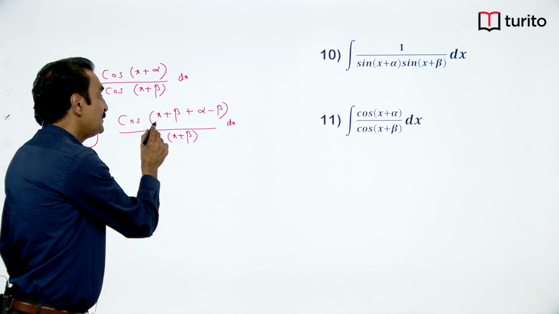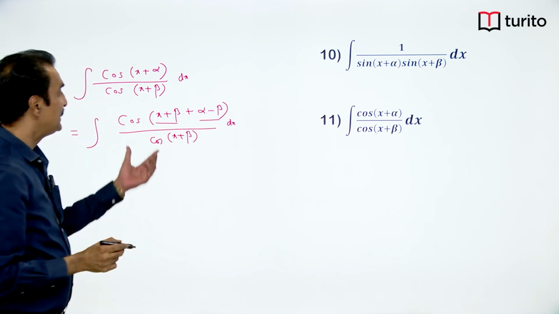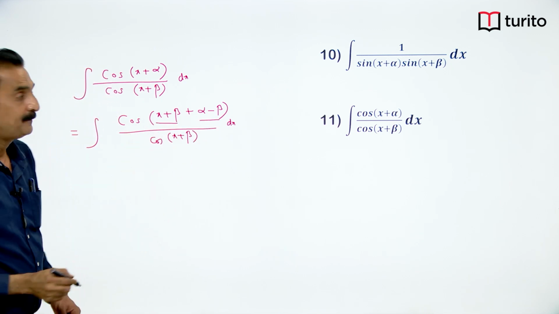Now, taking this as A, this as B, apply the cos A plus B formula.